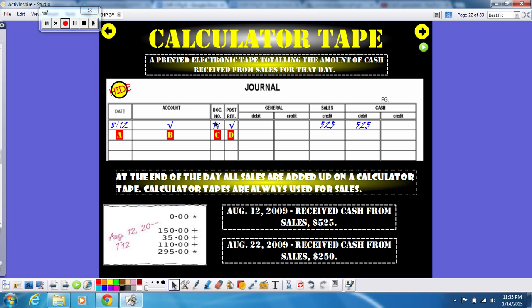So we got to use a T. So for calculator tape, you always use a T. This is the first time we've used a calculator tape in this journal, so it's T1. And then, like I said before, 525 in sales credit, 525 in cash debit. Alright, if you need to pause it to write a bunch of this down, do so. Otherwise, you need to do the second one here. Okay, you need to journalize it as well on your own. Alright, let's move on to the next one.